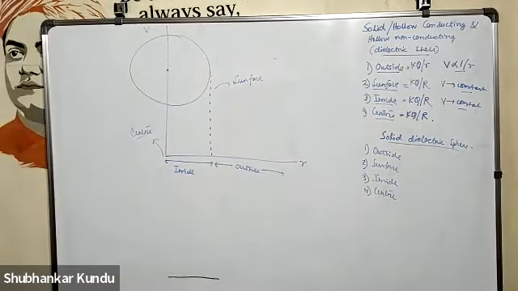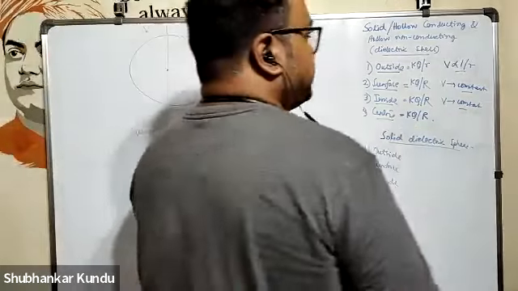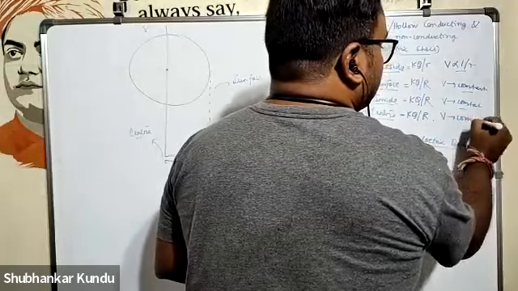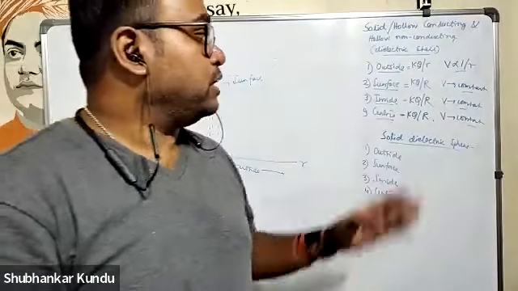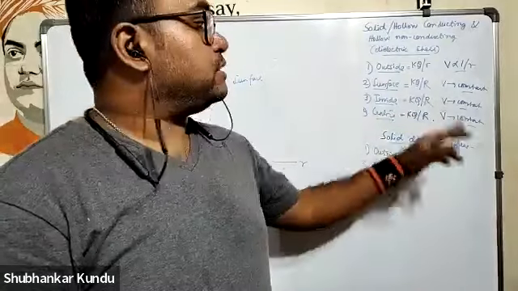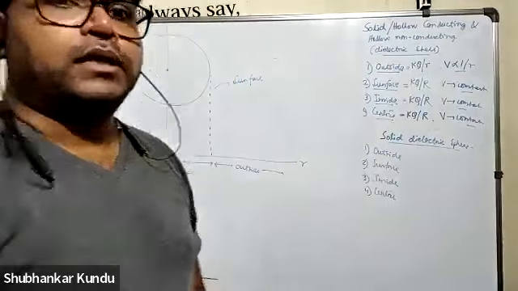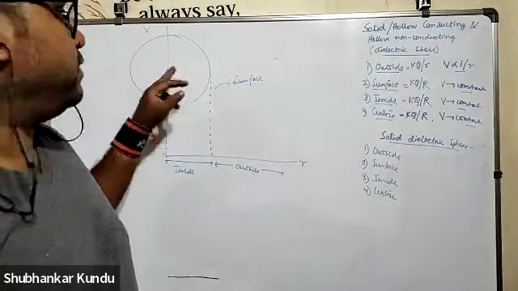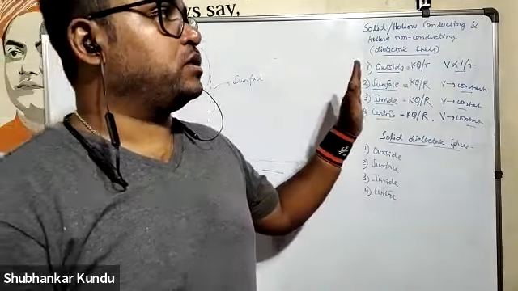Tell me one thing. At the center, what is it? Constant. Constant K, constant Q, constant radius, so constant. Center constant, inside constant, surface constant, all the same value. That means if you start traveling from the center towards the surface, everywhere it is constant, up to the surface.